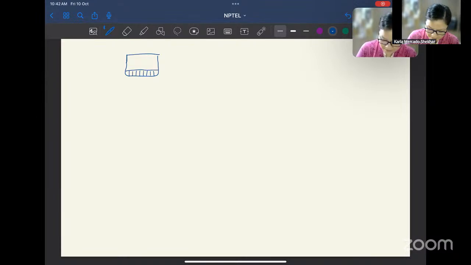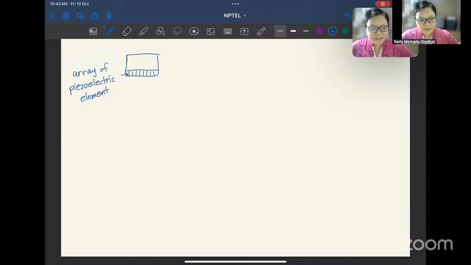So this is an array of piezoelectric elements. And we've already learned that these piezoelectric elements convert mechanical energy to electrical energy and vice versa. It has a principle of reciprocity.